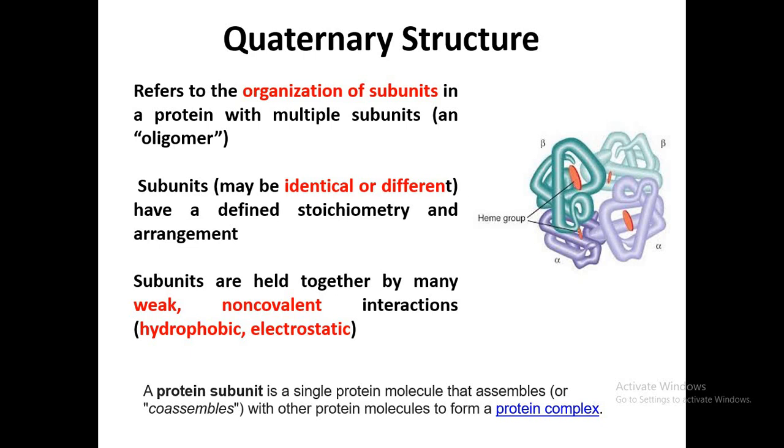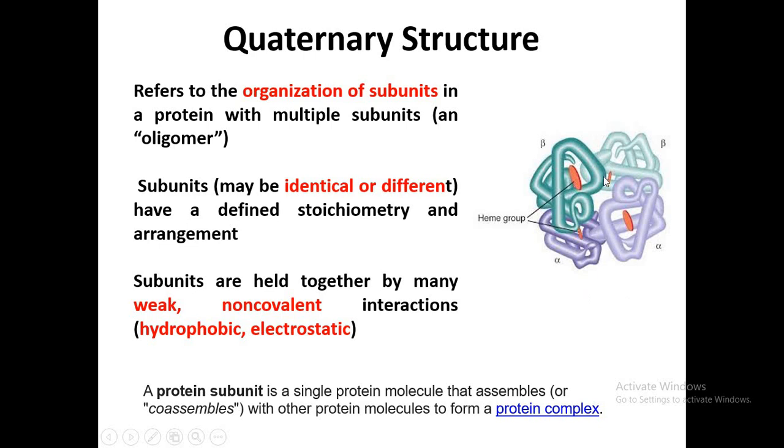Now we will study the quaternary structure of a protein. So what is the quaternary structure of a protein? Actually, the quaternary structure of a protein is the organization of a subunit of a protein with other subunits. First, what is a subunit? A subunit of a protein is a single protein molecule that can assemble with other protein molecules to form a protein complex.